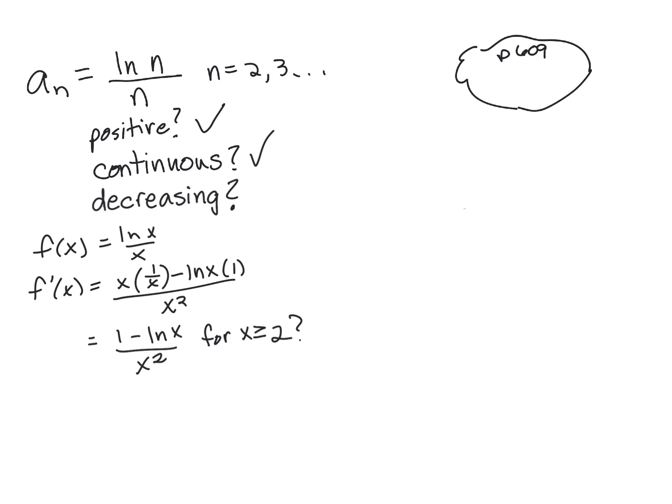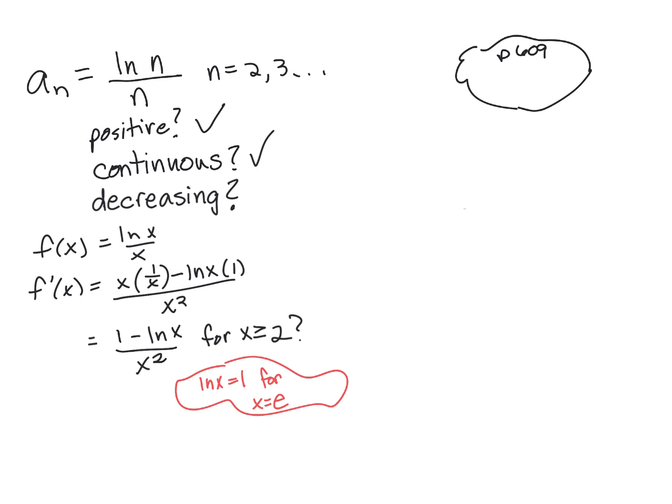Well, let's think about this. The bottom's always positive, right? 1 minus the ln of x. Where does this equal 0 first off? Let's do a little thought bubble right here. The ln of x equals 1 for x equals e, which is greater than 2.